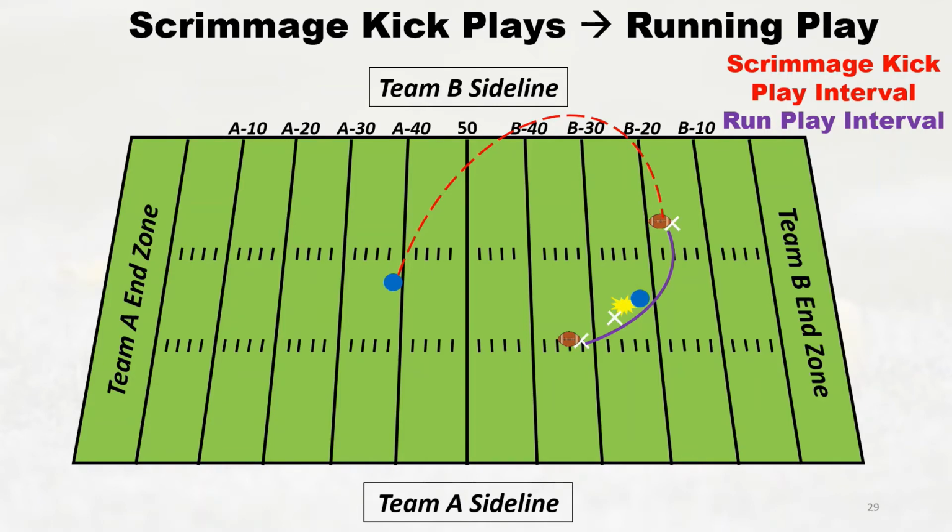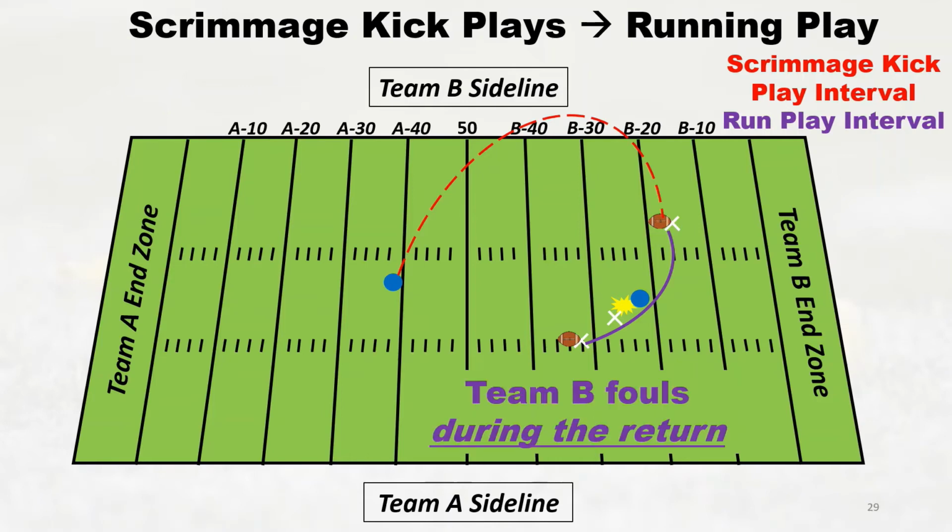So we got our marker on the field, and we understand that this is during the return. So this is during a running play, so to speak, the running play segment of this down. So we want to use our run play hopper, our run play rules to enforce this penalty.